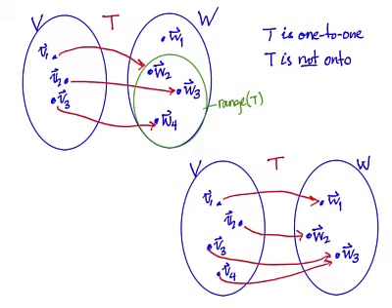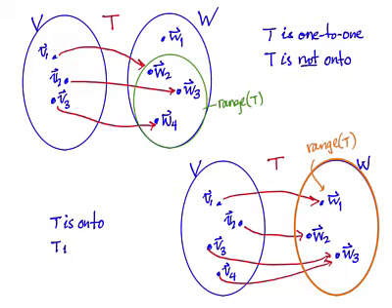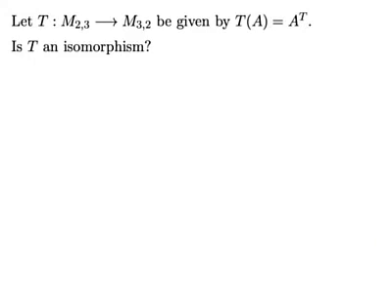So we can see that everything got hit. The range is the entire codomain W, but W3 got hit twice. So it didn't get hit by just one thing. So this thing is onto, but it's not one-to-one. All right, let's look at an example.